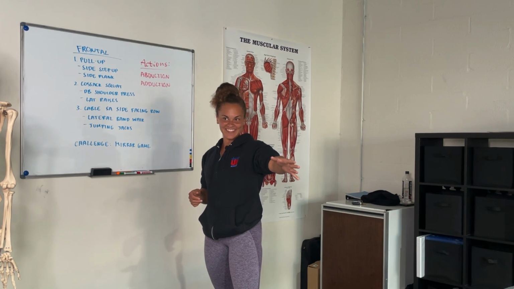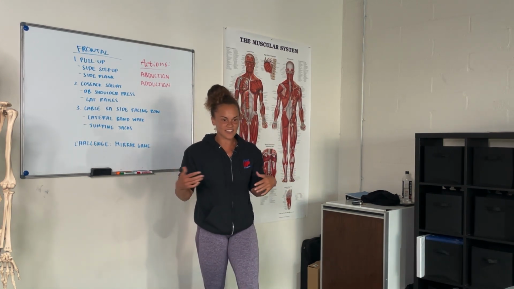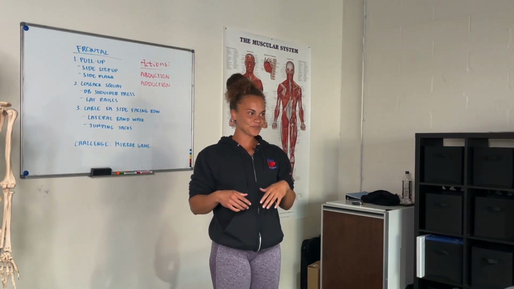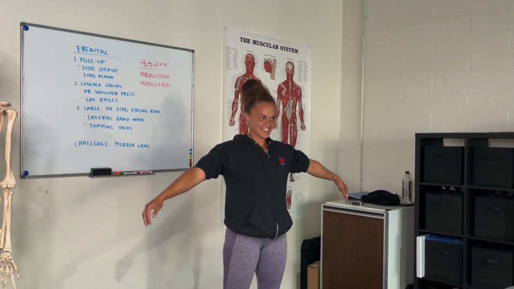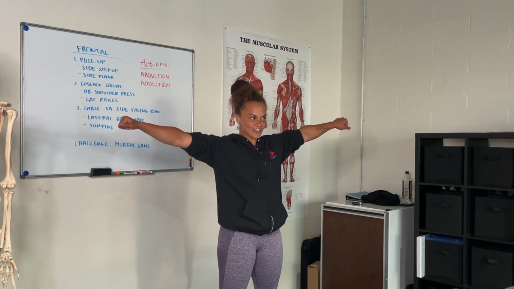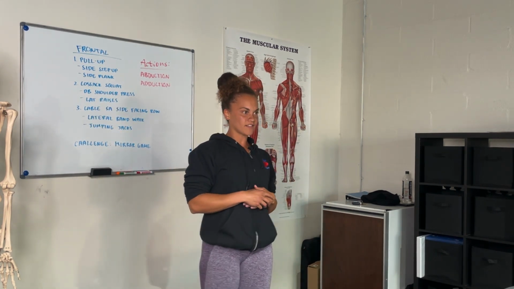Can you guys demonstrate to me what abduction and adduction look like? That's transverse though. There we go. Abduction, going away; adduction, adding back. So with the arms. What about at the leg?